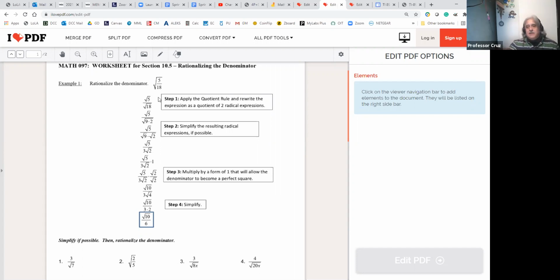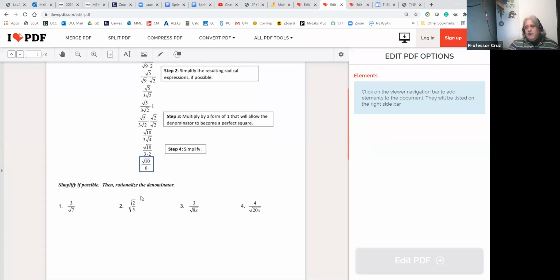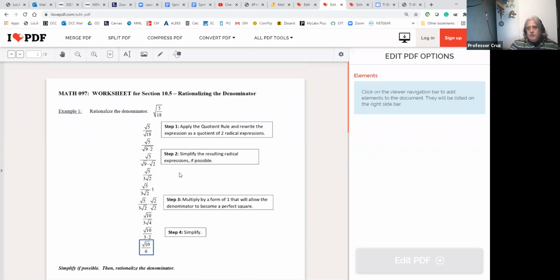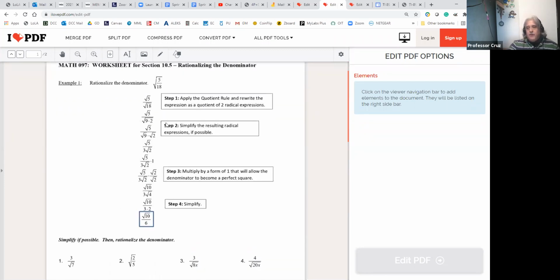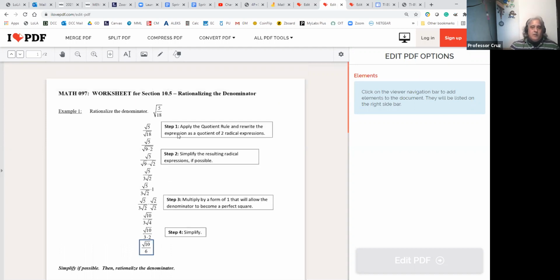This isn't the best example, but it's a more advanced example than the first two they have in here. Nevertheless, we can follow it. Remember, we can break this radical apart with a fraction underneath it by having a fraction in the numerator and a fraction in the denominator. So square root of 5 over the square root of 18.